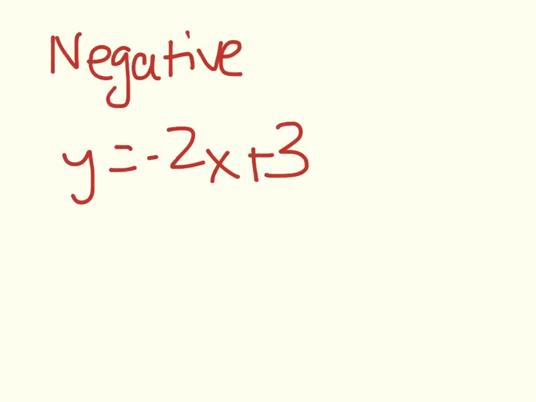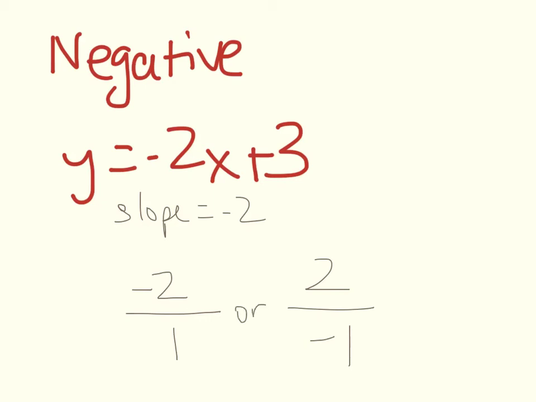If my slope is negative, so for example, y equals -2x, so my slope equals -2, there's two ways I can count it. -2 over +1, or +2 over -1. And that's going to be very important as we do some examples.